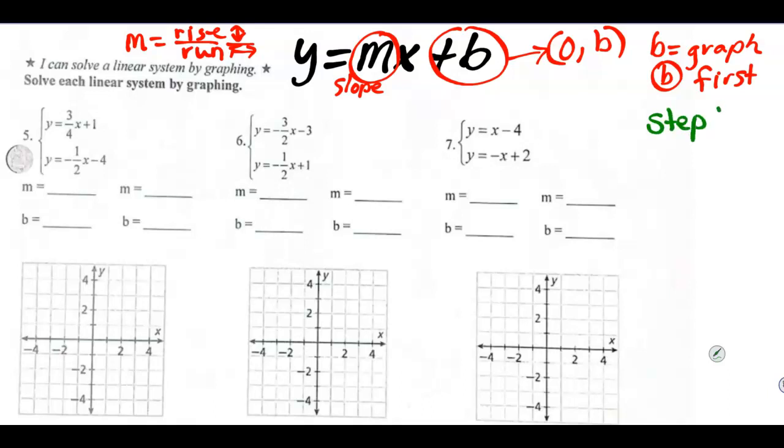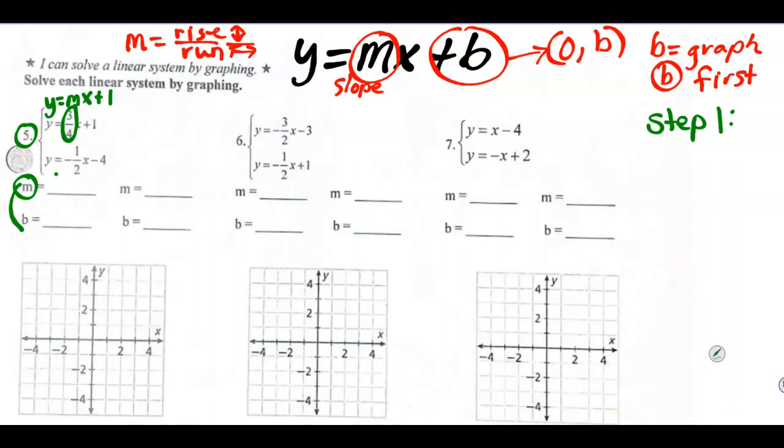Step 1. So we're going to go over to number 5 and look at first just picking out the m and the b from our equation. This says y equals mx plus b. We should know from this first equation, what's my m? That tells me what is right next to my x.